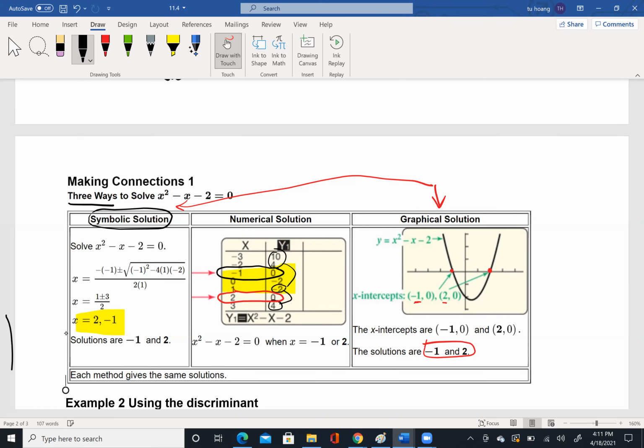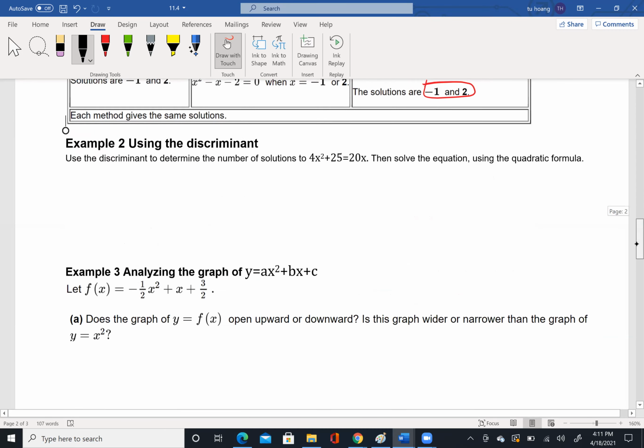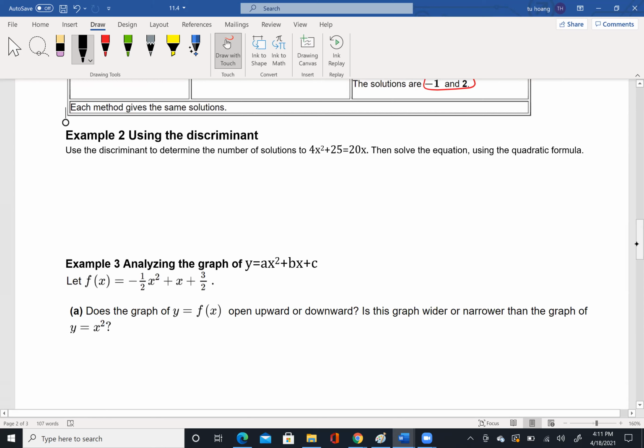Let's move to example number 2. We're using the discriminant. For this column, we're going to use the discriminant to determine the number of solutions to a quadratic equation.